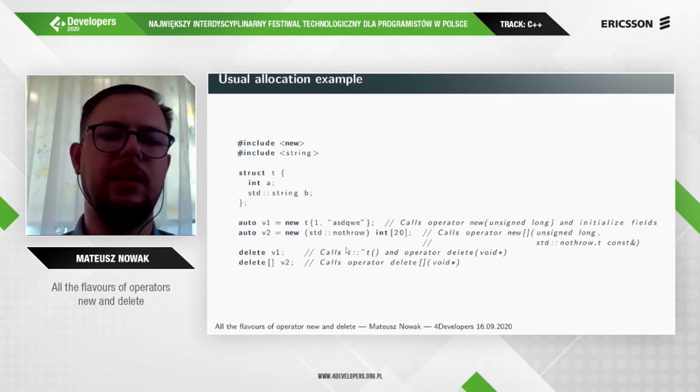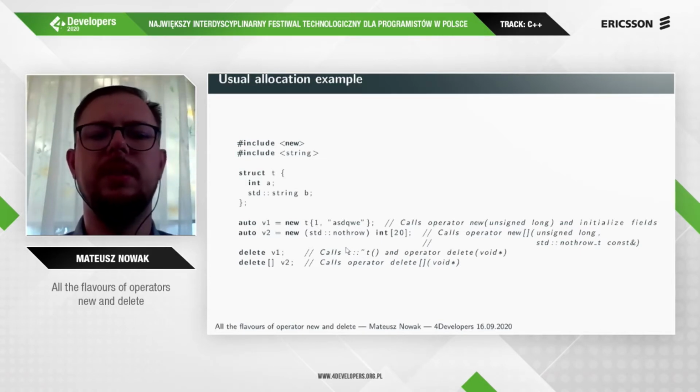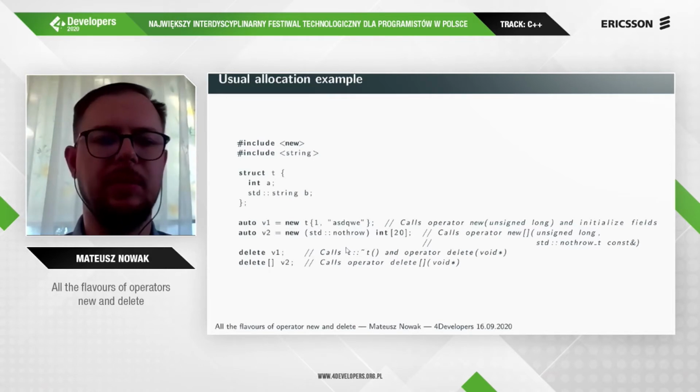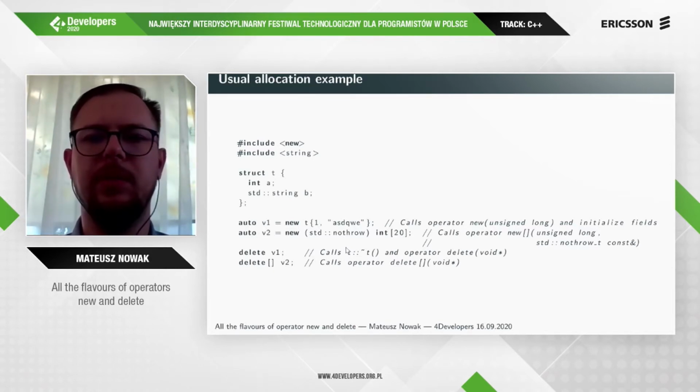And to delete the array, we use the array version of the delete statement, which is calling the respective operator delete. Here again, it's a trivial type, so it doesn't have a destructor, so the destructor won't be called.